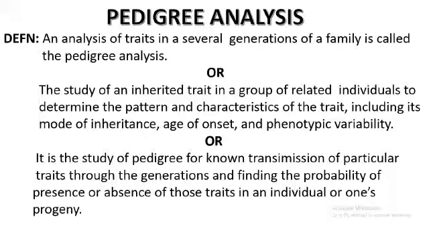Otherwise, let us say we have a certain trait, might be a positive trait or a negative trait. We are interested to know whether this character is passed on to the next generation. If it is passed on, what is the probability of this character appearing in the next generation? That's very important.